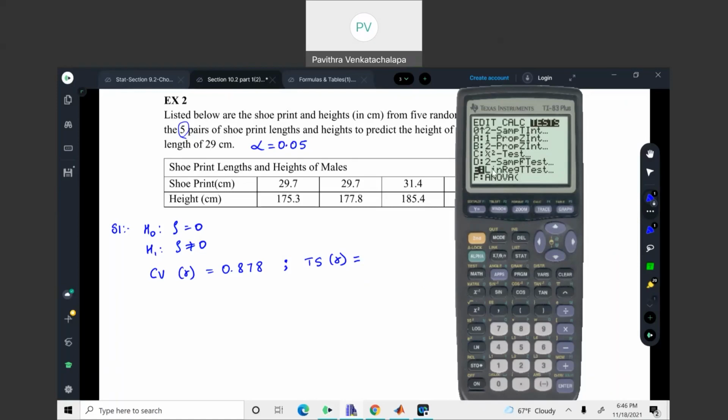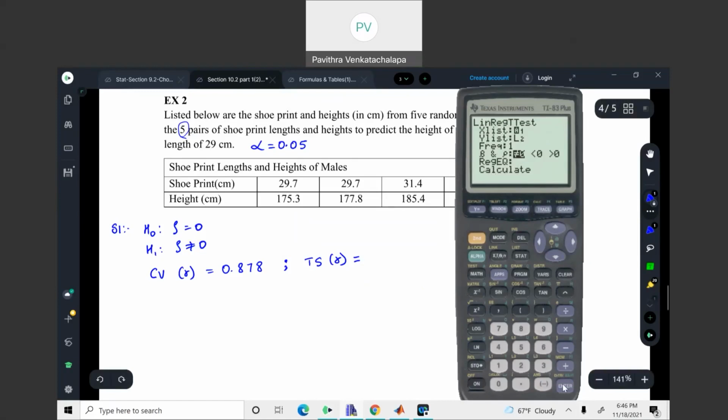So you have to choose LinRegTTest and press enter. Now you have L1 there, L2 there, and all you have to do is come down and click on enter. This will give you the R value as well as the P value.